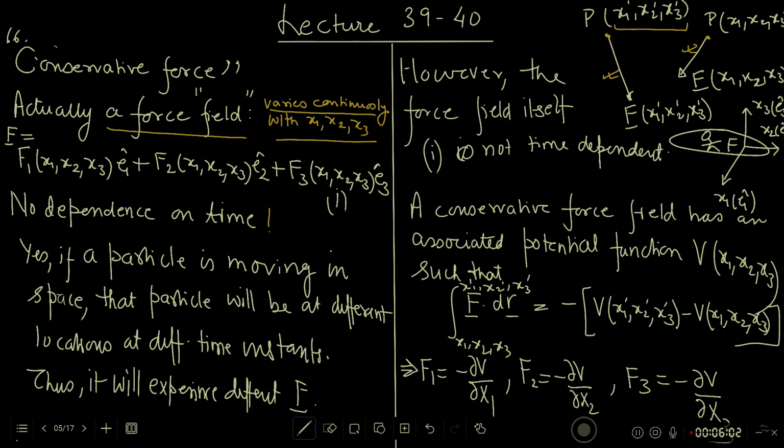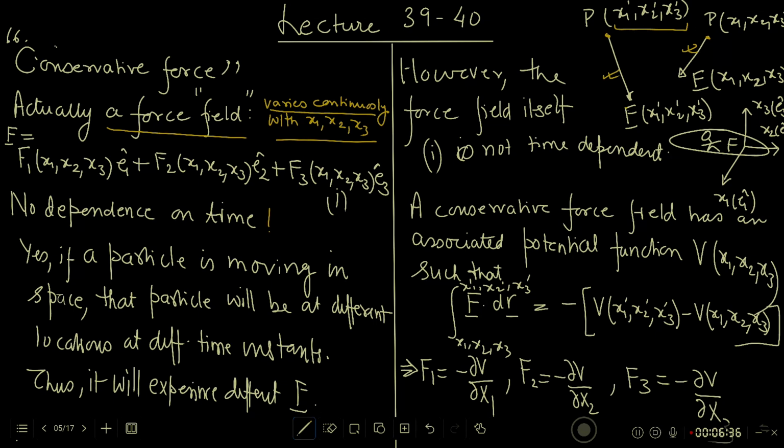But if you go like 5,000 kilometers away from the Earth's surface, you are talking about interplanetary probes, spacecrafts, then the gravitational force will start also changing with location, right? So such is the idea behind this conservative force field.